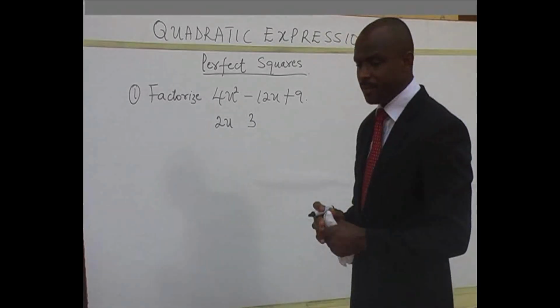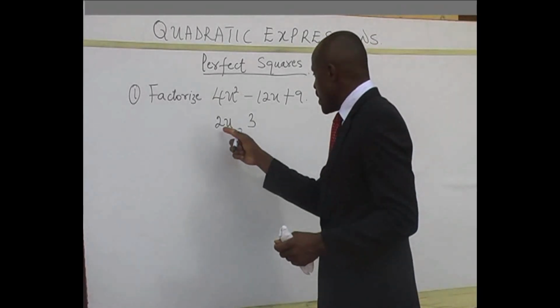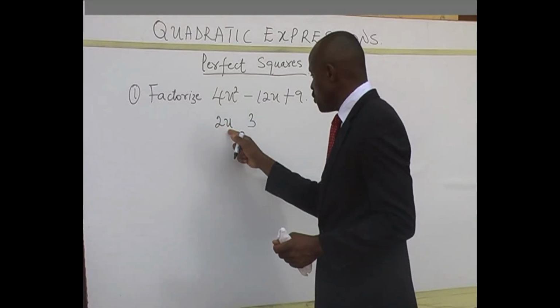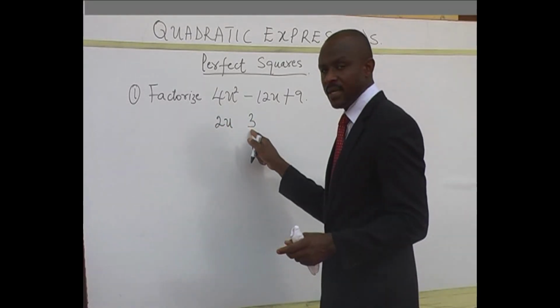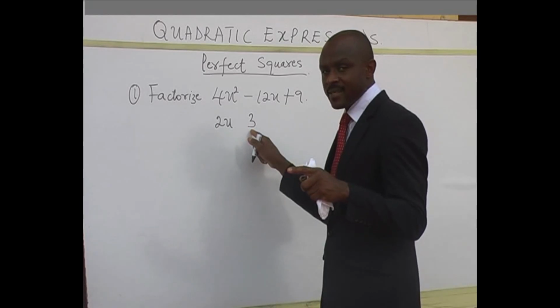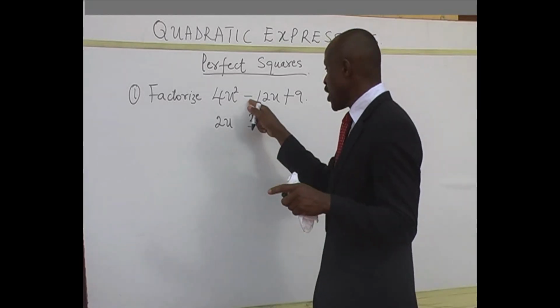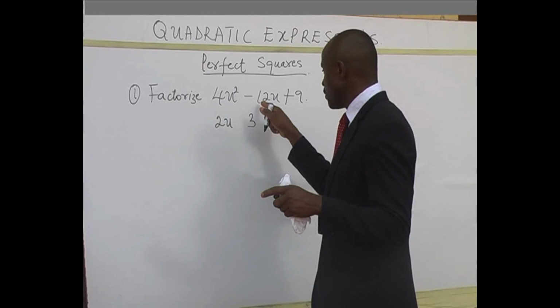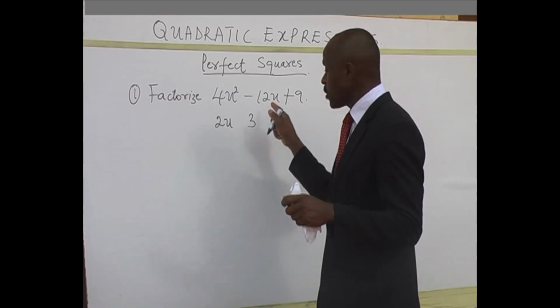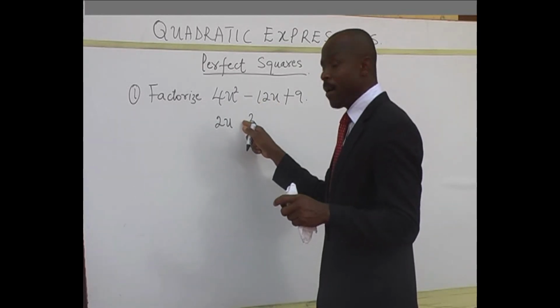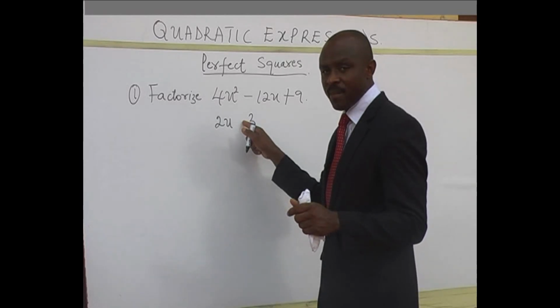Now ask yourself, the product of 2u and 3, twice it should give minus 12u. So what are you going to put here to be able to complete that assignment?